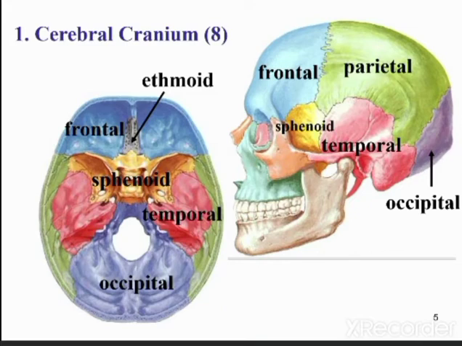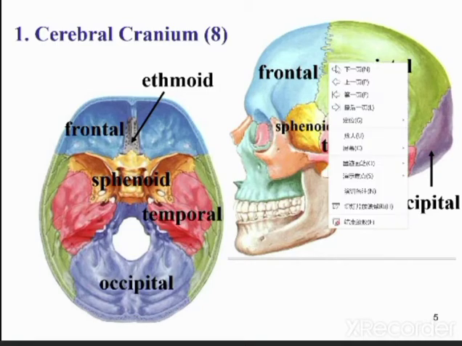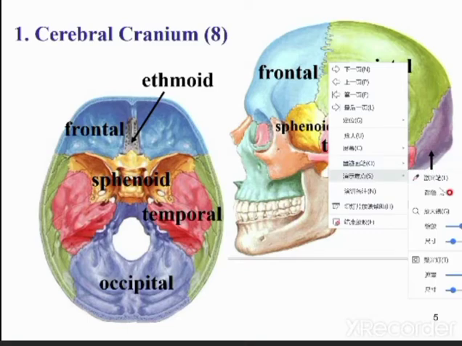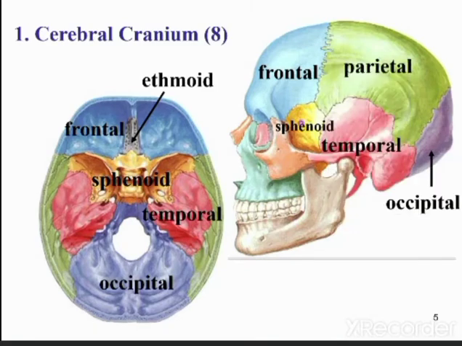Okay, the first bone is only one, the frontal bone, color in blue. The frontal bone. Here, the frontal bone.